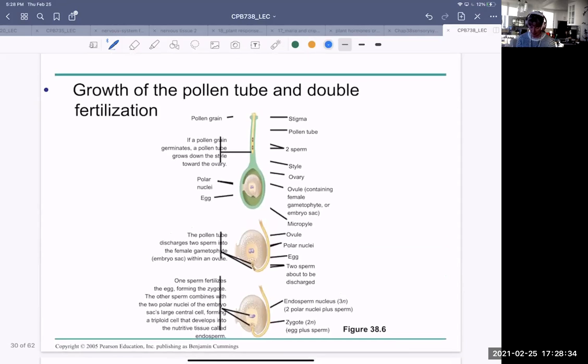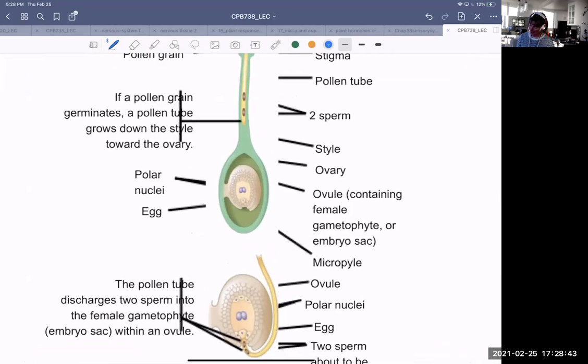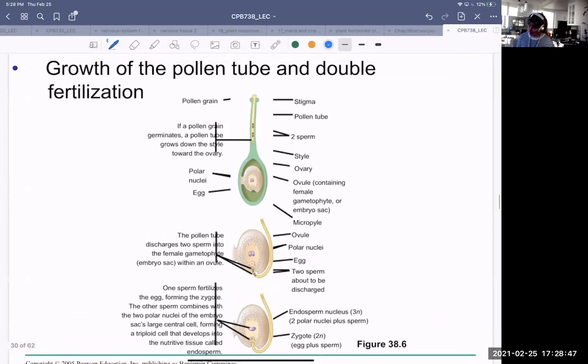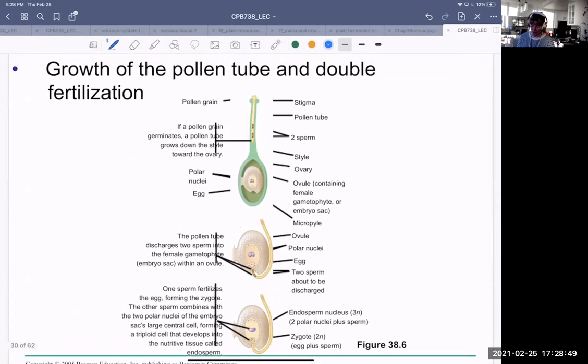I wanted to say a couple of things here. One of which is, this is the process. I'm not going to go through every step because we've talked about it already. So this is just the diagram showing the steps of fertilization and growth of the pollen tube.